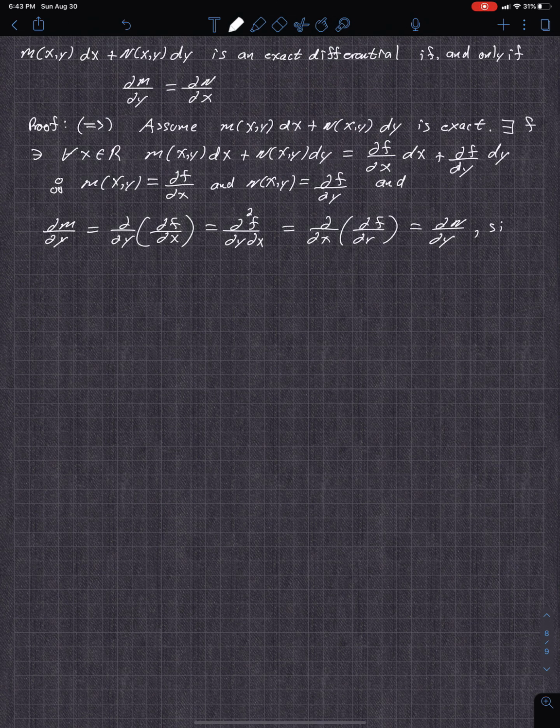That's true since continuous mixed partials are equal. Remember that in Calc 3. Mixed partial derivatives of any order are equal.